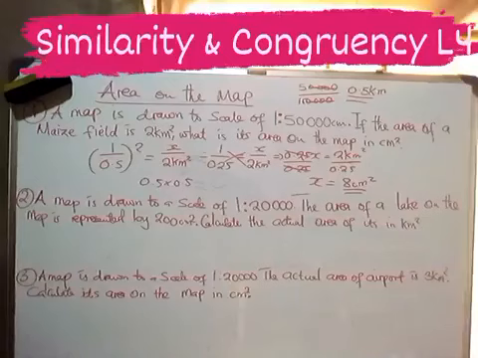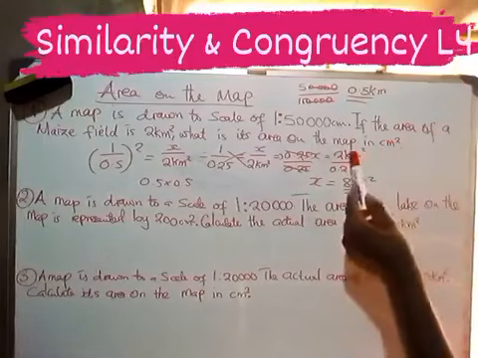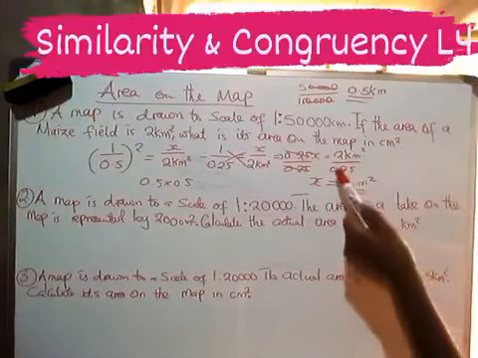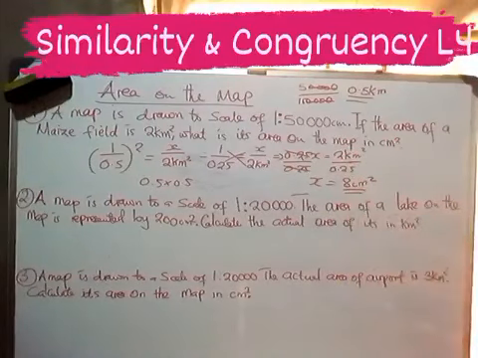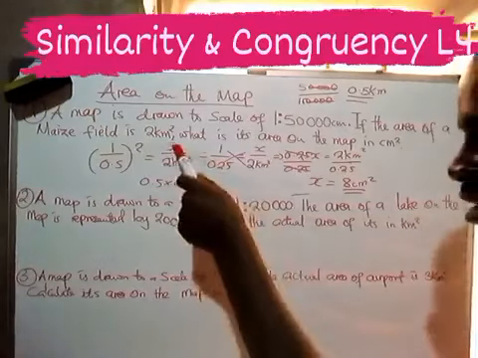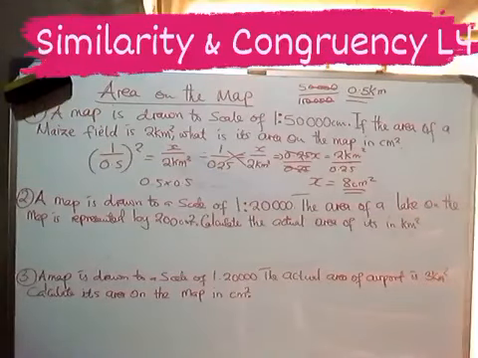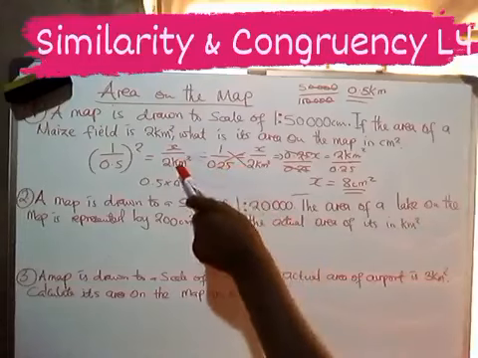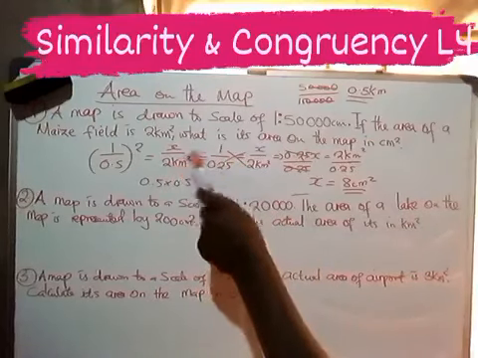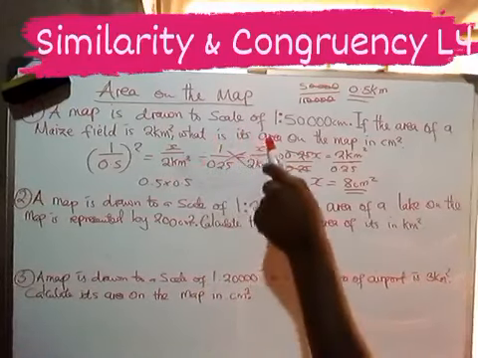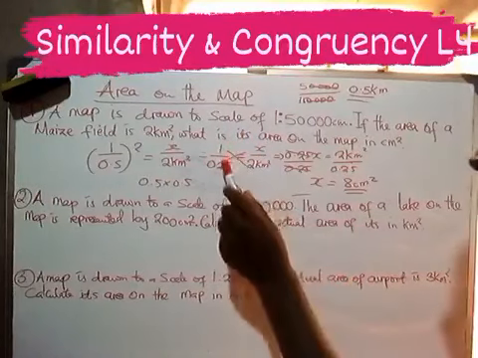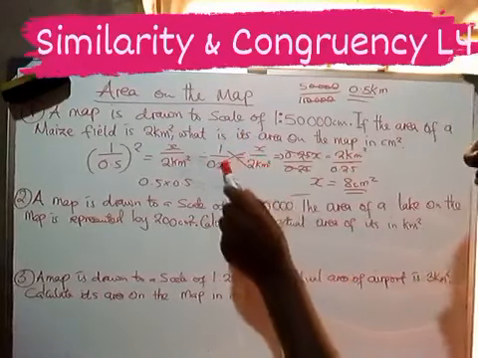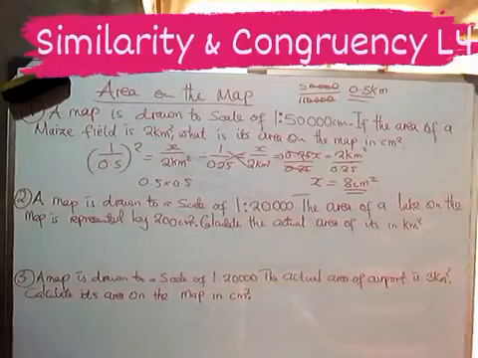Now the question may come: here I've written 2 kilometers squared divided by this. How come we are having centimeter squared again? Remember, this x is in centimeters. This one is in kilometers, and this one is also in kilometers.